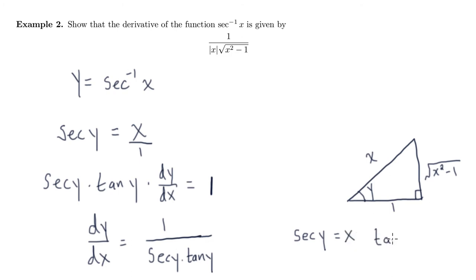And then tangent of y is square root of x squared minus 1, because it's opposite over adjacent. Okay, that looks good. But now there's one thing to consider. Notice that we have an absolute value of x right here.